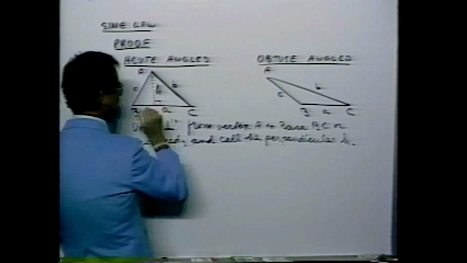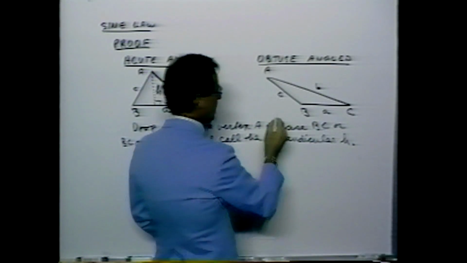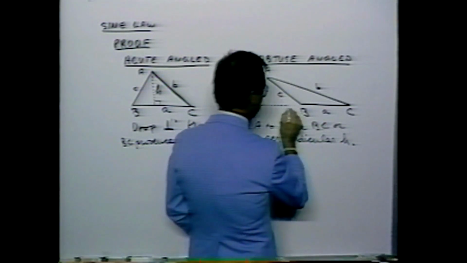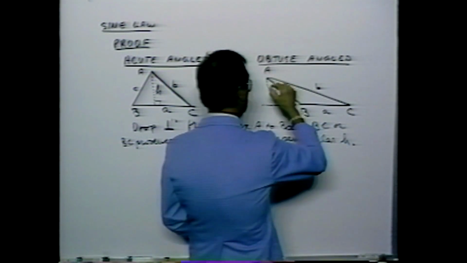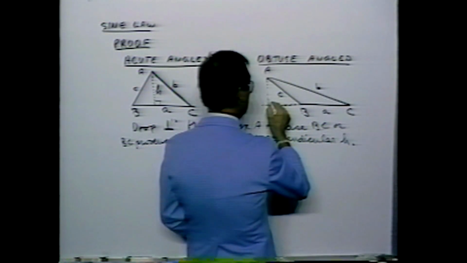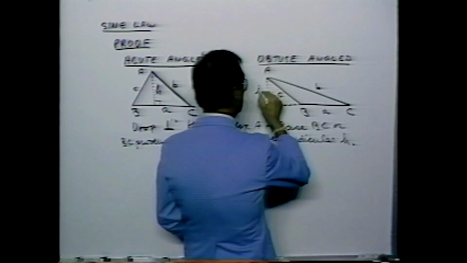H, 90 degrees. We will have to produce BC along a straight line and drop the perpendicular there. That's 90 degrees, and that's h.